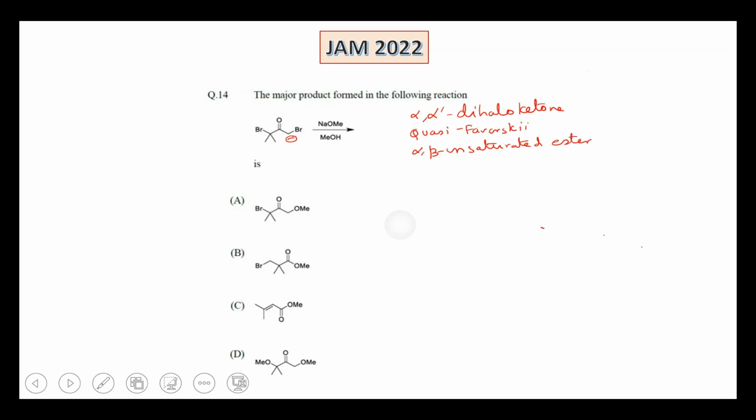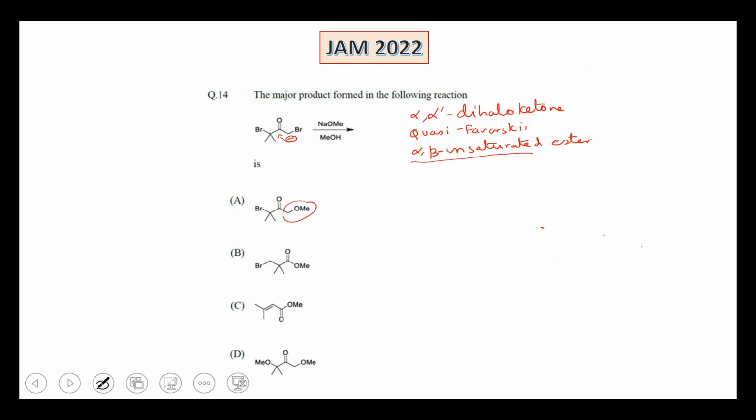Is it not? So the first step, carbanion formation, then intramolecular nucleophilic attack, formation of cyclopropanone intermediate, then attack of the methoxide ion, then formation of tetrahedral intermediate, later removal of the Br. So what we get is alpha beta unsaturated ester.